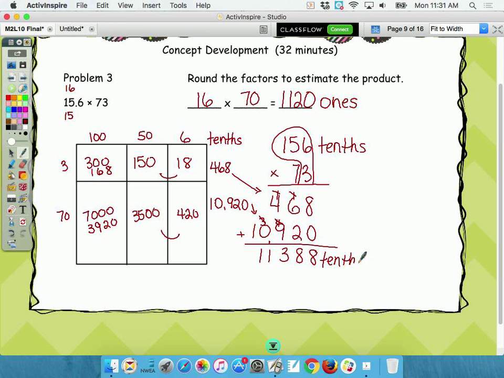Did you remember to write tenths and then equals? No. Yeah, it's very important that you write tenths because if you don't, your answer will be wrong.